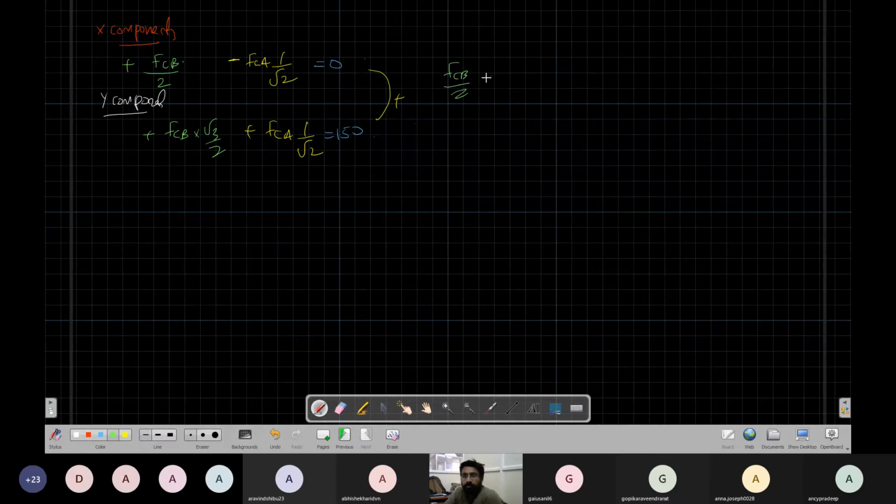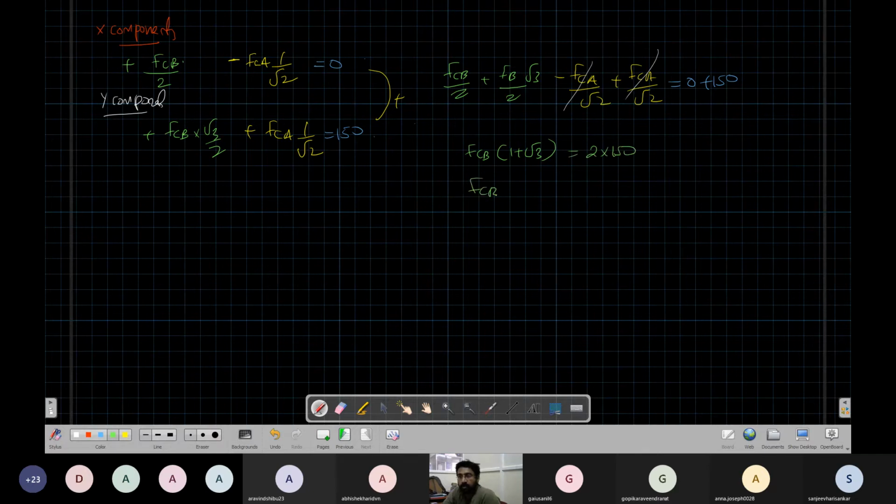FCB by 2 plus FCB by 2 into root 3, minus FCA by root 2 plus FCA by root 2, equal to 0 plus 150. So this I can cancel out. Then what you get is FCB into (1 plus root 3) equal to 2 into 150. So FCB equal to what is that?